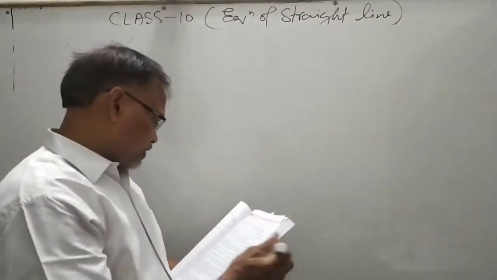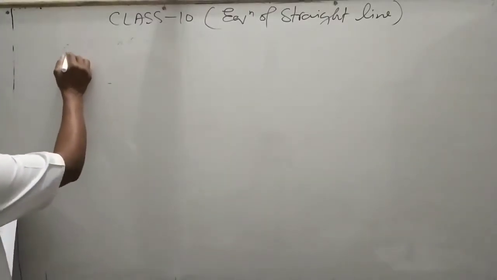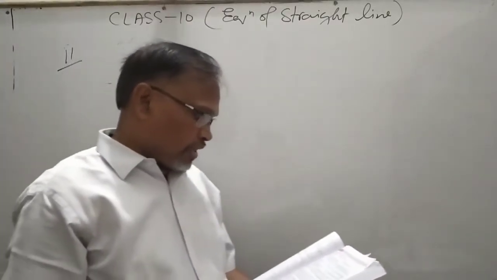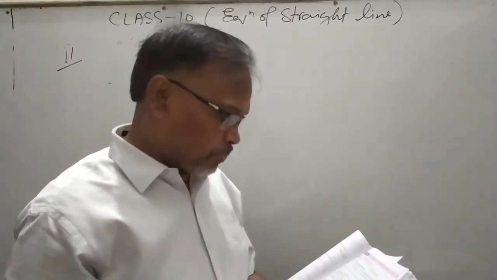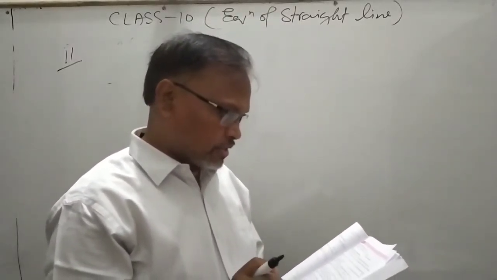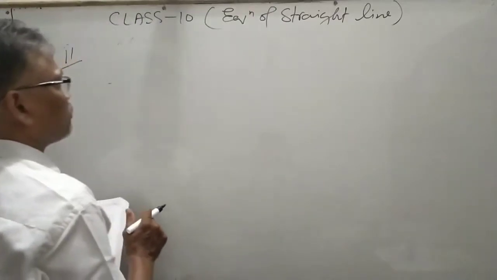Similarly, other questions. Now question number 11. Find the equation of a straight line perpendicular to the line 3x minus 4y plus 12 is equal to 0.